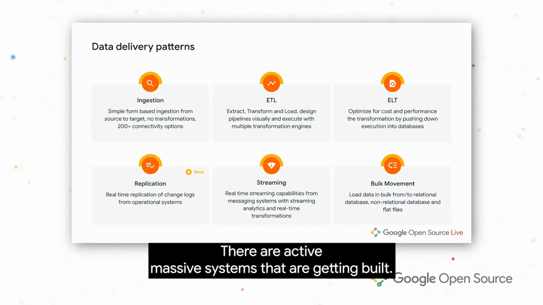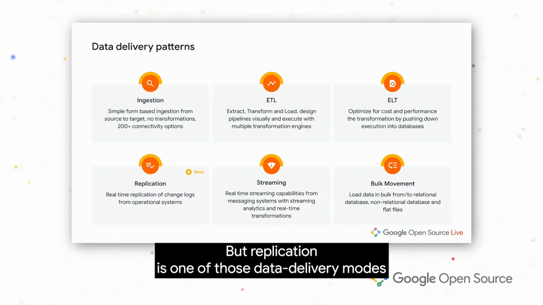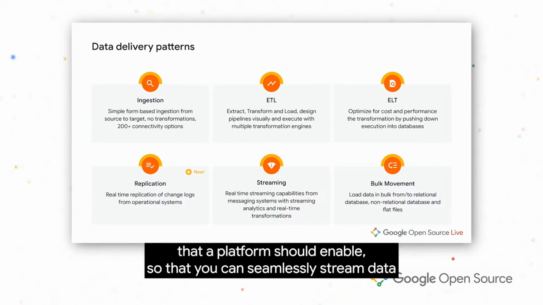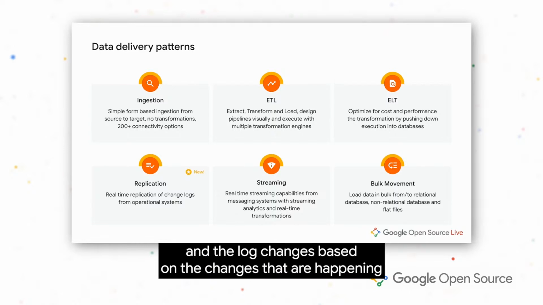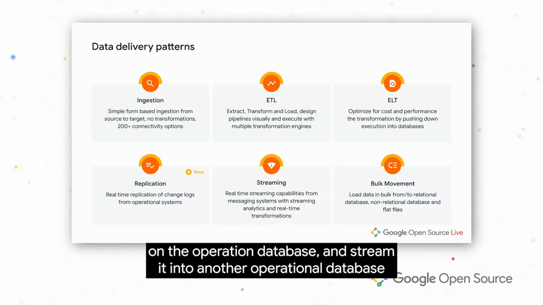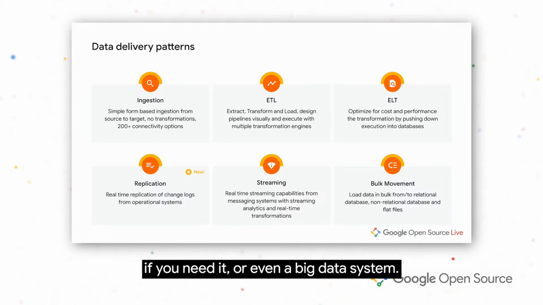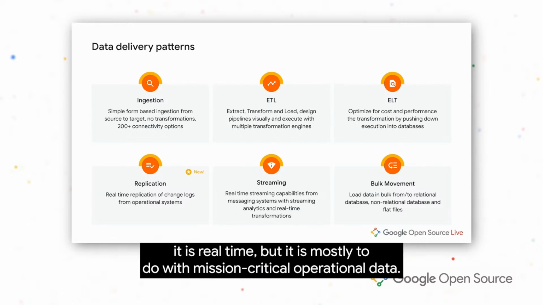There are active passive systems that are getting built, but replication is one of those data delivery modes that a platform should enable, so that you can seamlessly stream data, and the log changes based on the changes that are happening on the operational database, and stream it into another operational database if you need it, or even a big data system. So data replication is, again, going back, real time, but it is mostly to do with mission critical operational data.